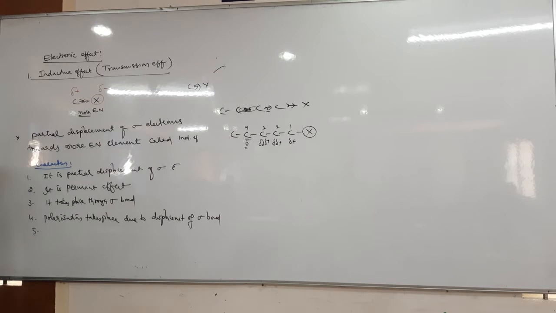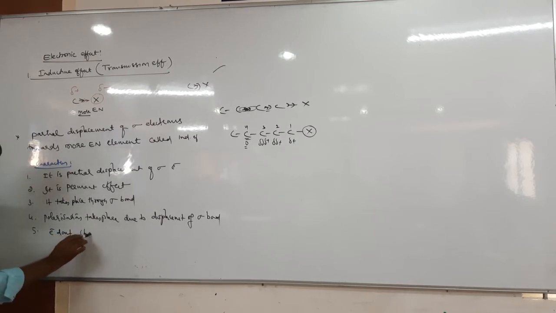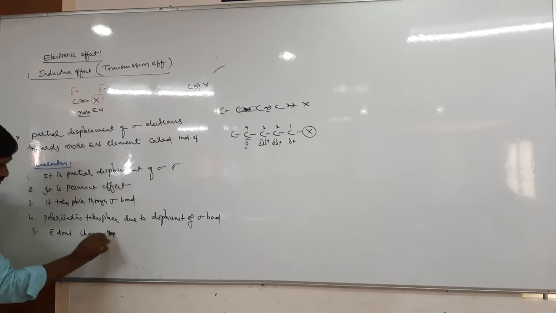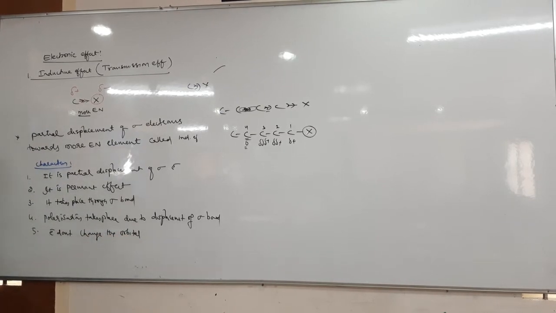Five, in this effect electrons do not change the orbital. Electrons remain fixed in those orbitals, but there is a partial displacement.